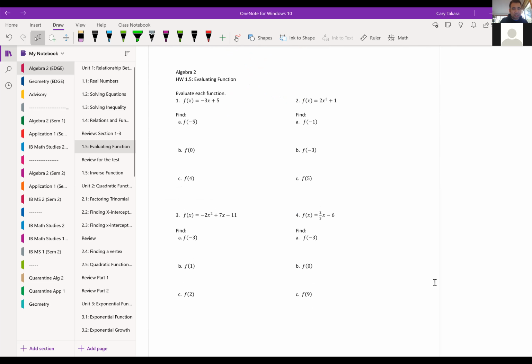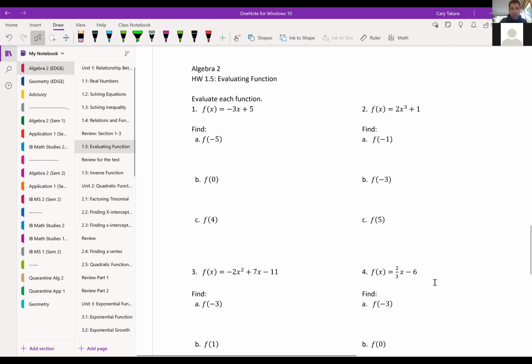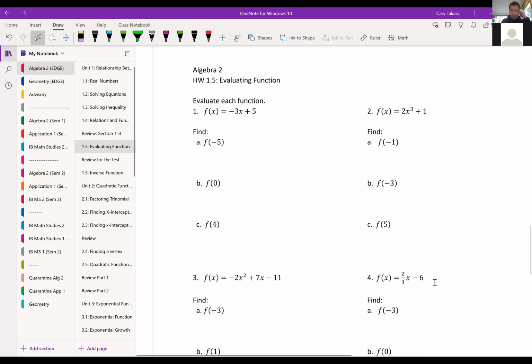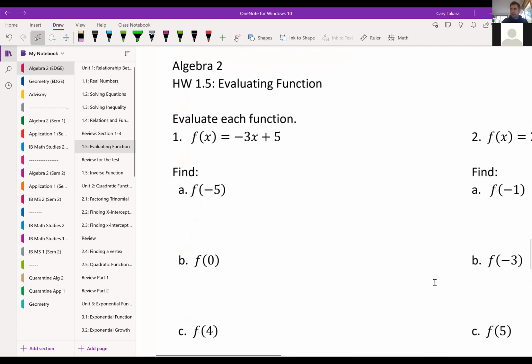It's a very short assignment. There are only 4 different functions, and then I want you to evaluate each function. So there are 3 problems for each, okay? Now let's start with number 1. So please write down, just continue on your notes.